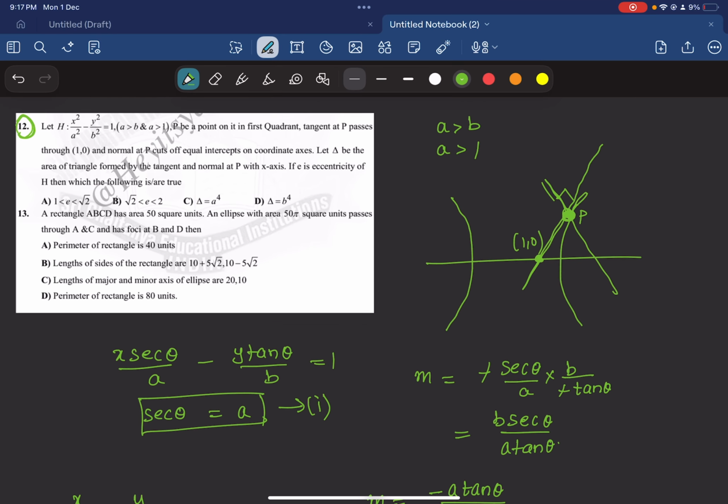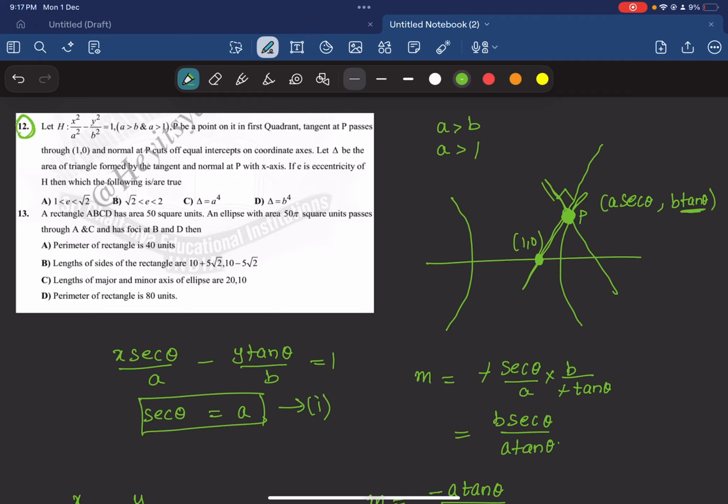Also, theta can never become 90 degrees. Alright. That is because if theta has to become 90 degrees, then the point approaches infinity. So this point P is A secant theta, comma B tan theta.